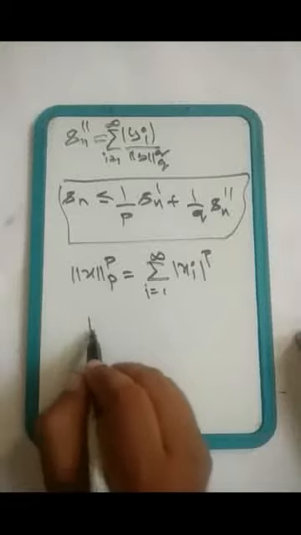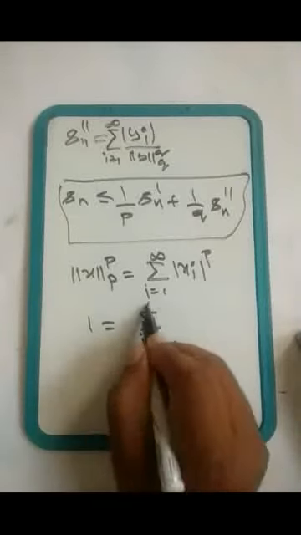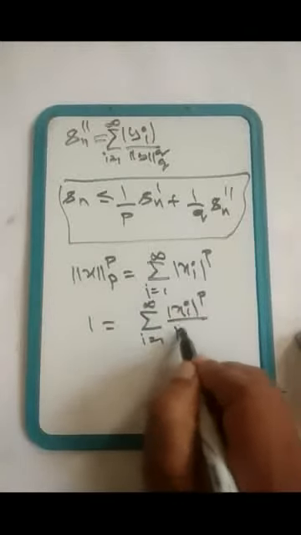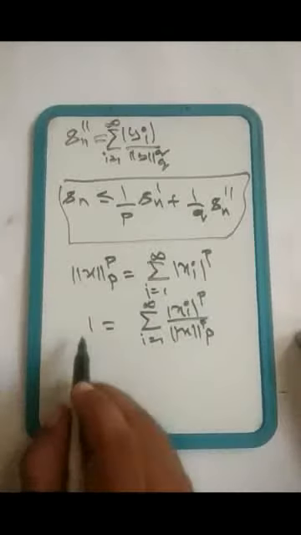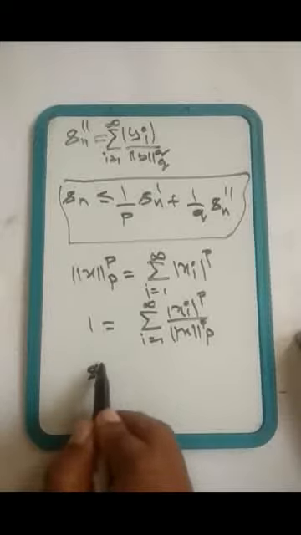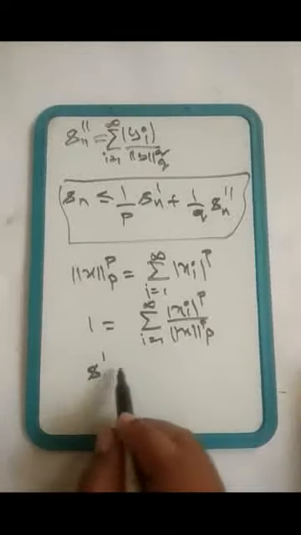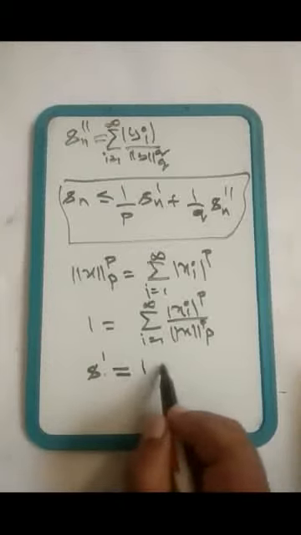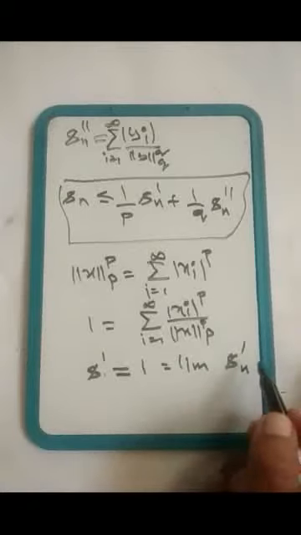This implies that 1 is equal to the pth norm. In other words, the S dash is equal to 1. That is the limit of Sn dash.